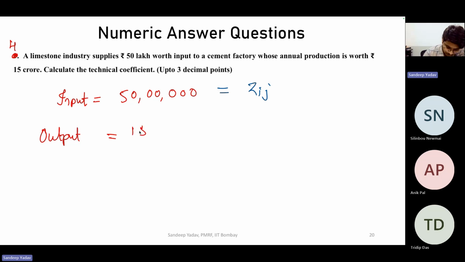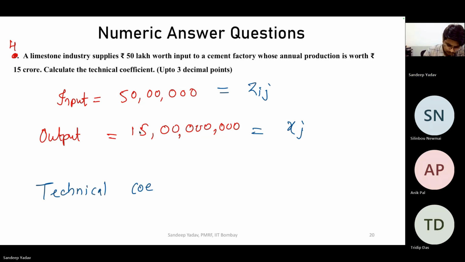If we write 1.5 crores, it would be 15 followed by zeros, and that is equal to xj. Now we know the technical coefficient is Zij upon xj.